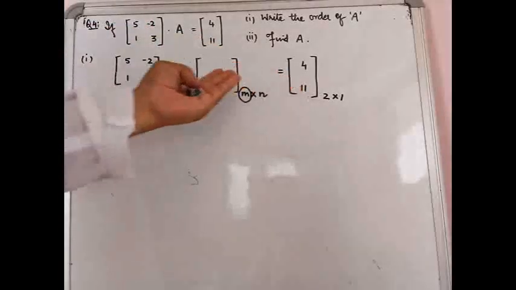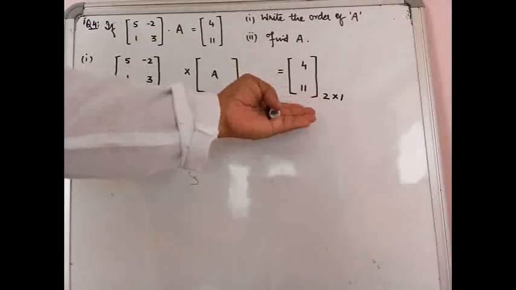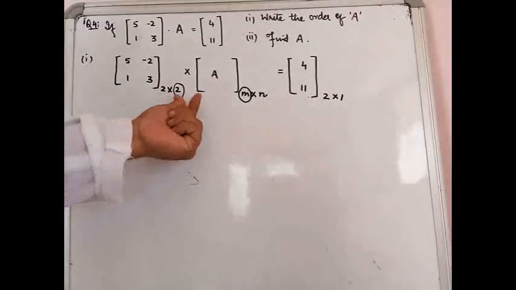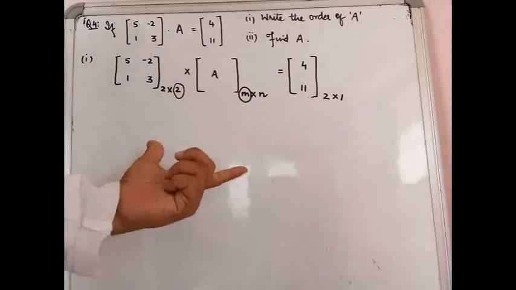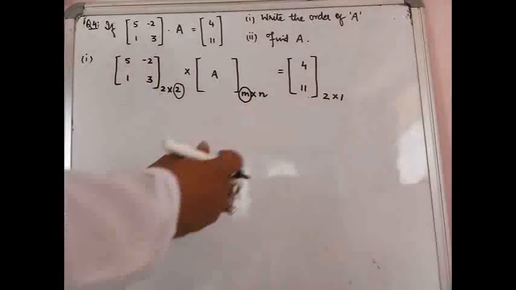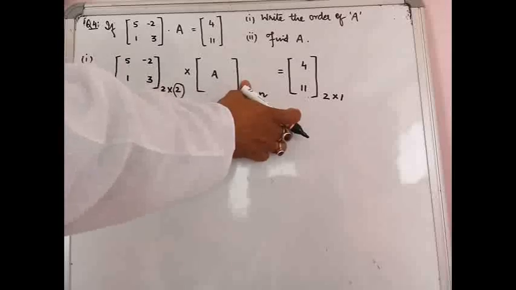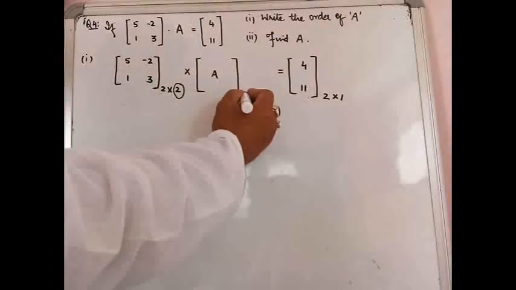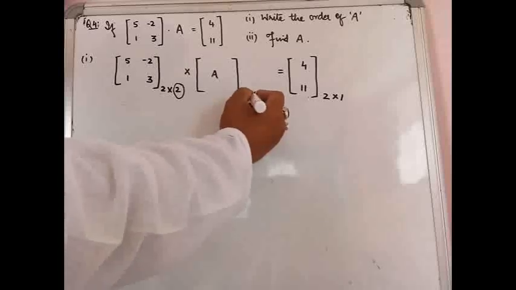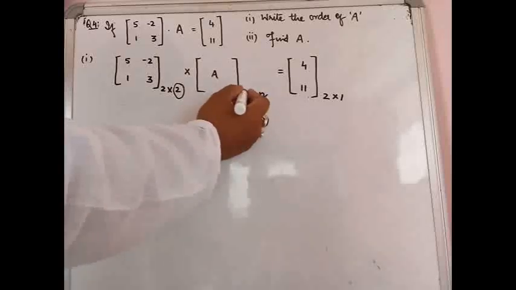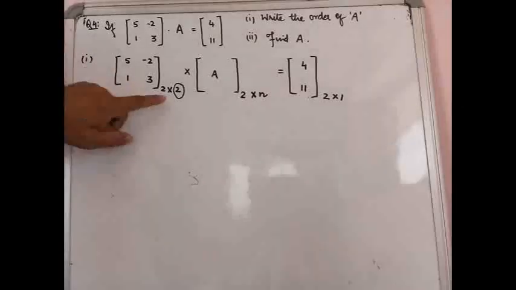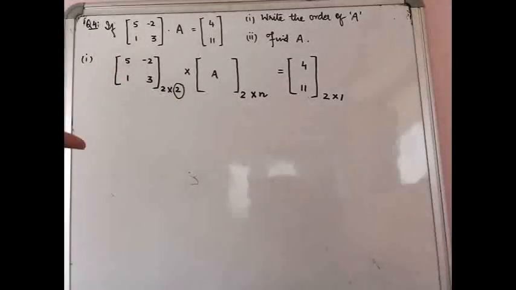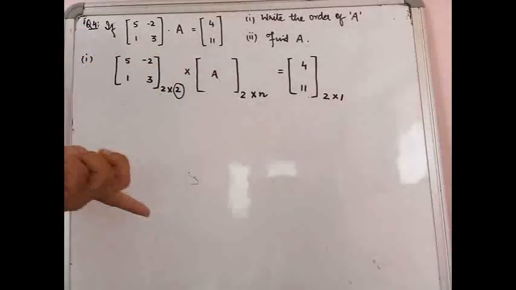So here in the question it is possible, you are getting an answer. That means this and this must have been equal. So now I am going to replace this m with a 2, because this number of rows must be equal to the number of columns of the first matrix, since that is the rule for matrix multiplication to be possible.